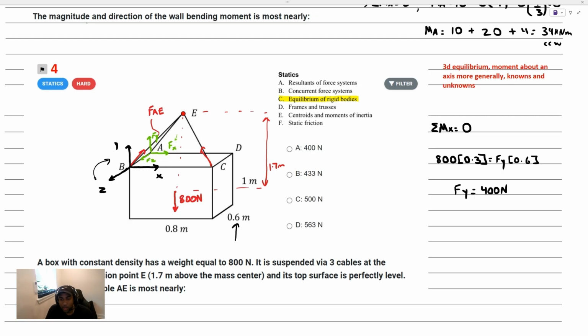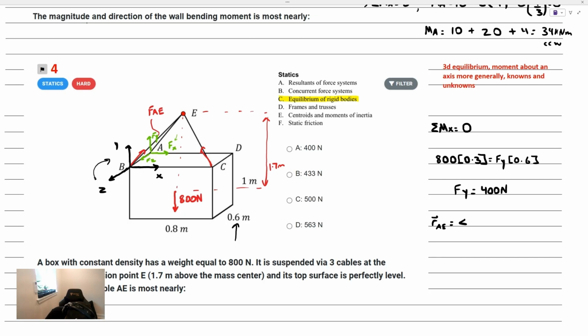And because we know the force in the y direction is 400 newtons, we know the direction that force AE must be pointing if we write what its position vector is going to be. We know that the force and position vector are going to be parallel to each other. So if we go ahead and write down that position vector, position vector AE, we can write it down in terms of the coordinates that we have.